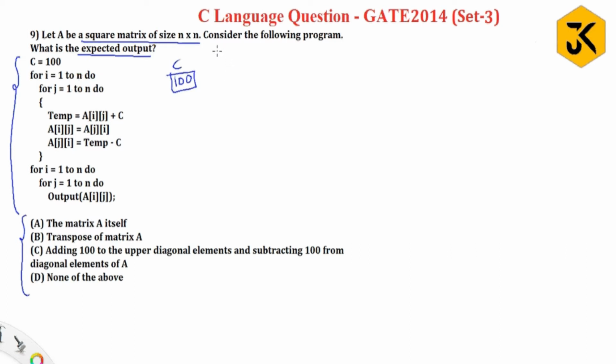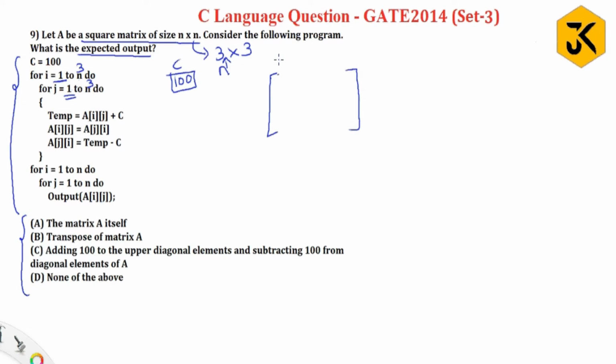Let's take a matrix of size 3 by 3, which means n value is 3. So i value will be 1 to 3, j value will be 1 to 3. Let's assume my matrix will look like this. Its index starts with 1, right?